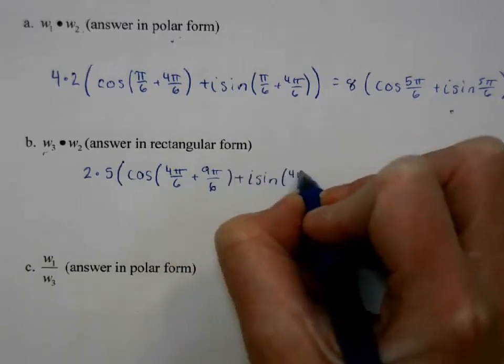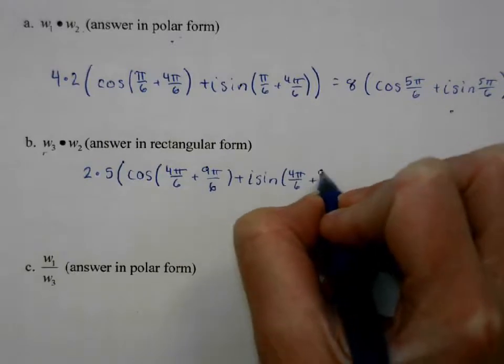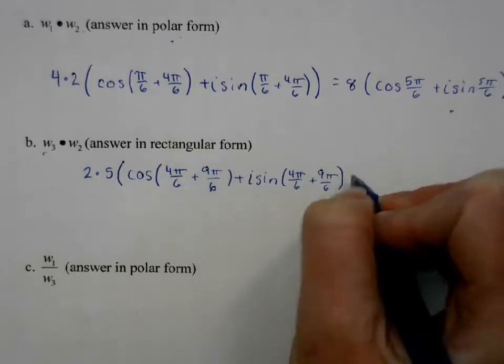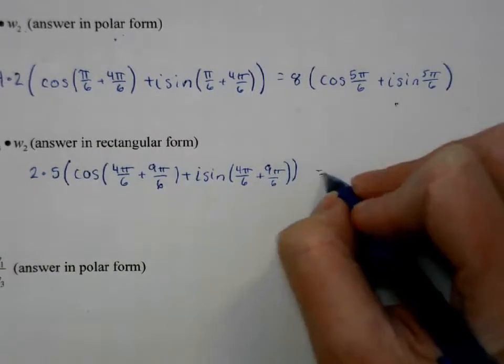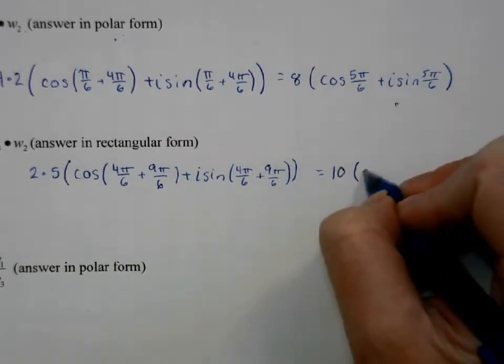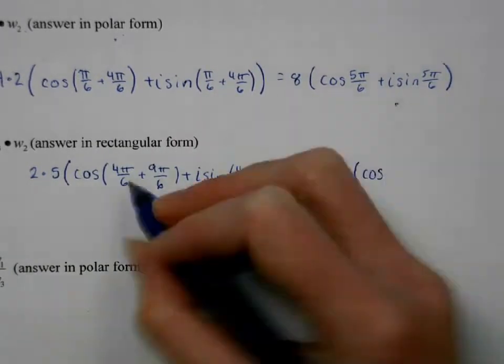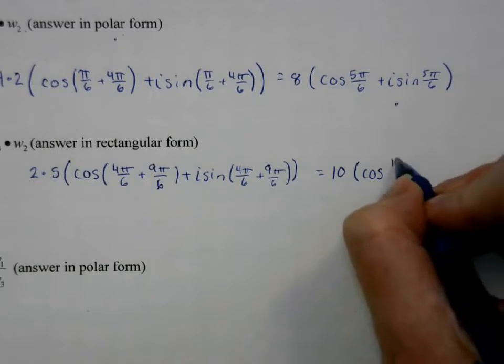Okay, so if I add these, we get 10, and then cosine 13 pi over 6 plus I sine 13 pi over 6.